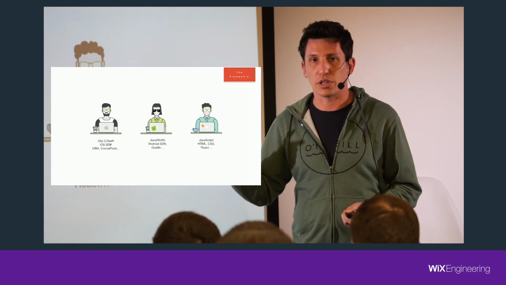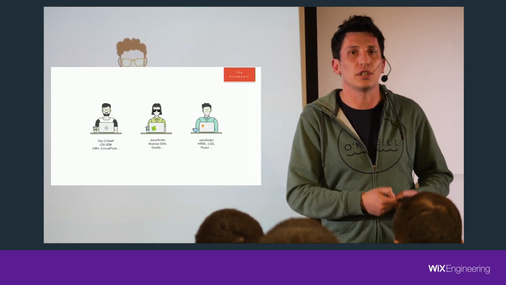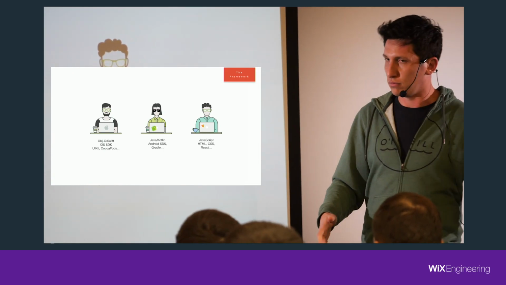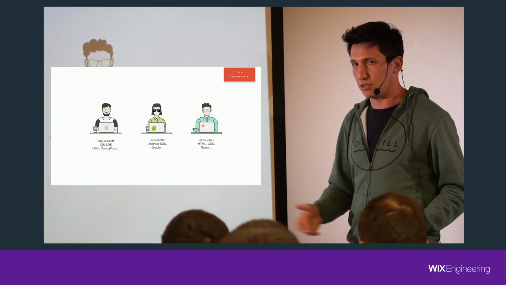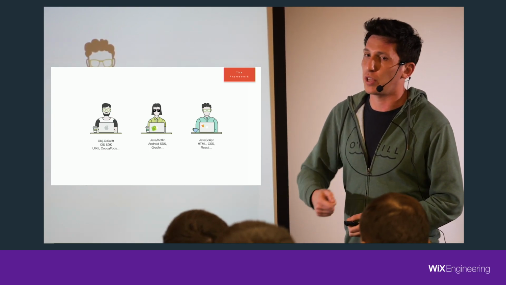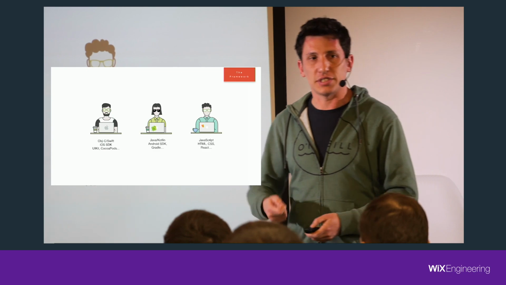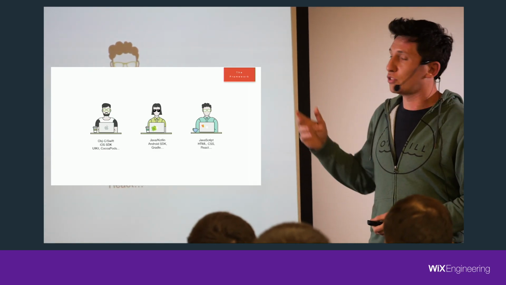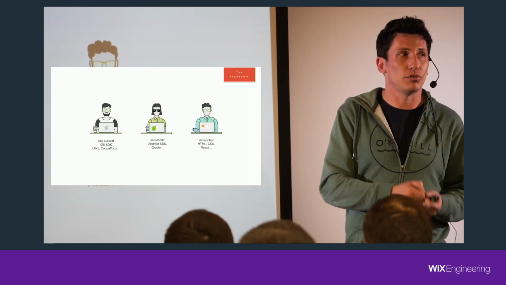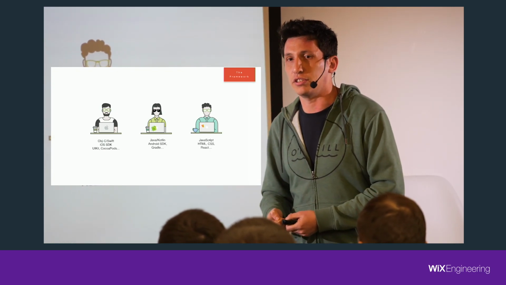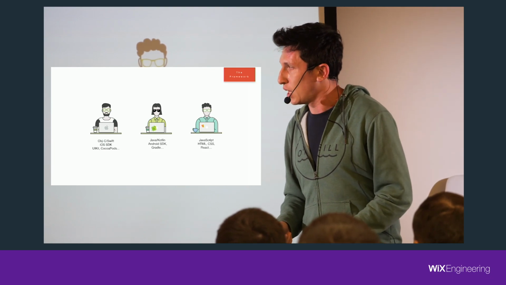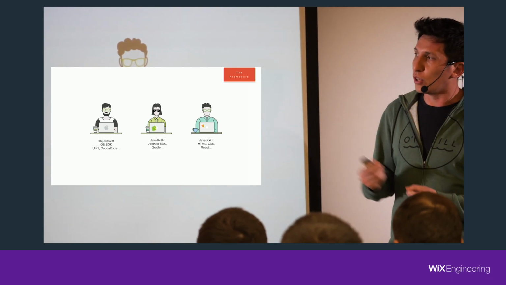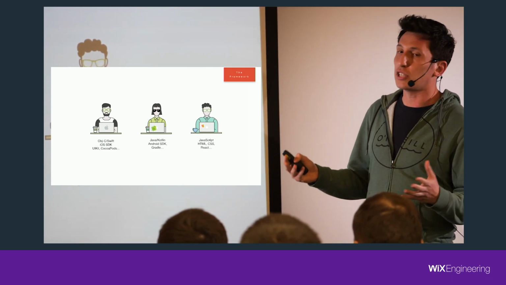An Android team with Android people who know Java, Kotlin, Gradle, the stuff that Android people know. An iOS team with experts in Objective-C, Swift, CocoaPods, iOS SDK, and JavaScript people who know how to write JavaScript, understand HTML, understand browsers.